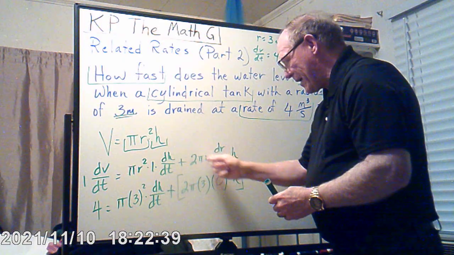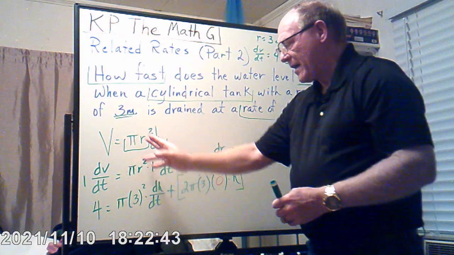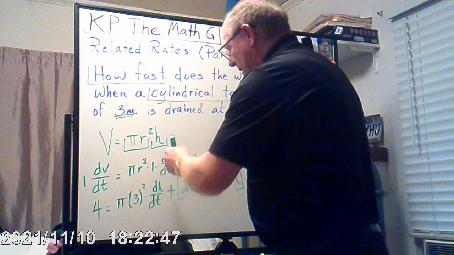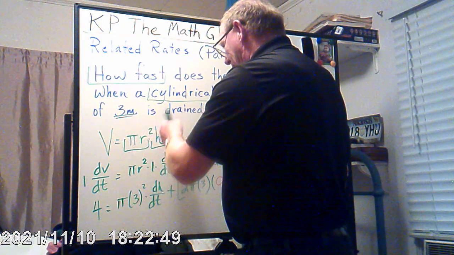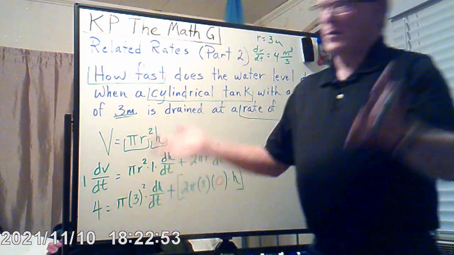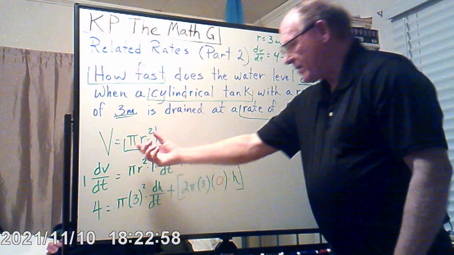You plug the 3 in from the start right up here. You figure out what that is, and then you would have 3 squared is 9, and then 9 pi h is what you would have. It would be a little simpler, but I wanted to go ahead and do this.